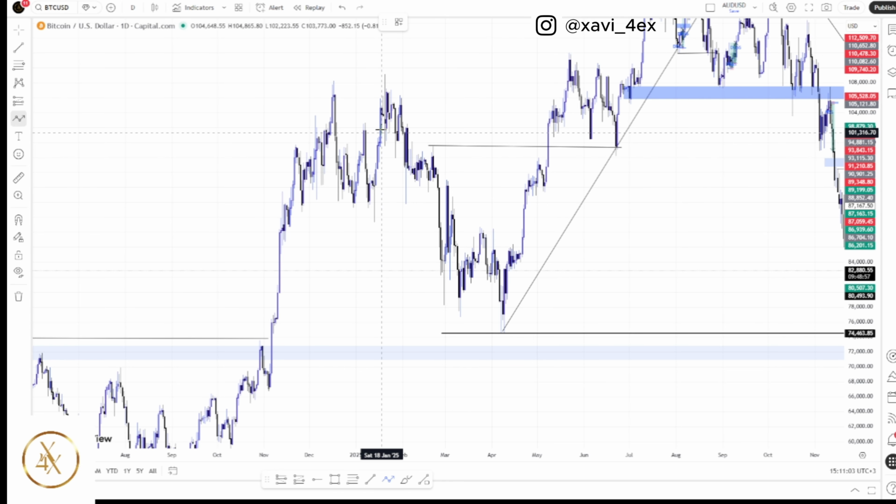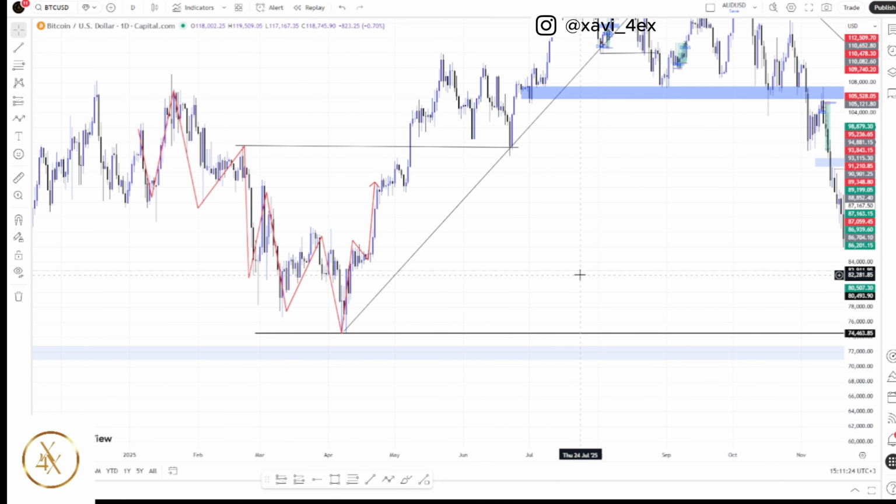We had this high here, we had a low here, we had a high, we had a low, a high, a low, a high, a low, and finally got a shift. And finally market shifted structure here.